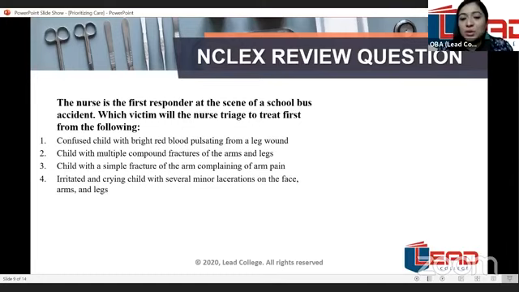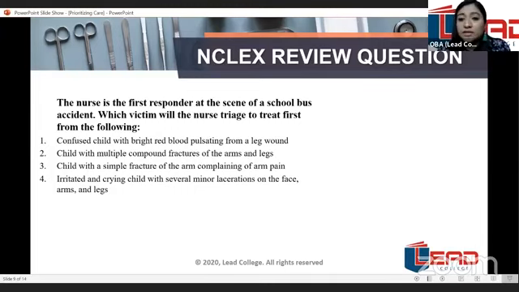Can you all type in the comment section? What do you think? What is your estimate? So look at the options. Is there any child having airway issues? No. Is there a patient having breathing issues? No. Is there a patient who has, or can have, circulatory issues?